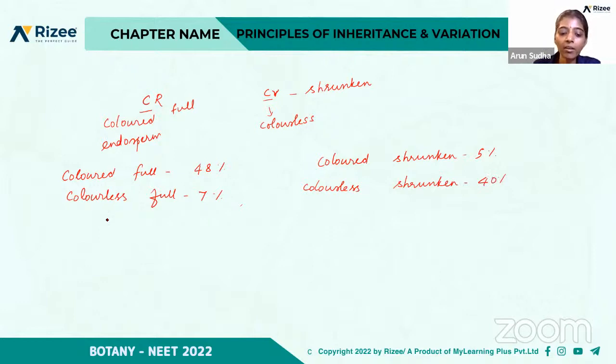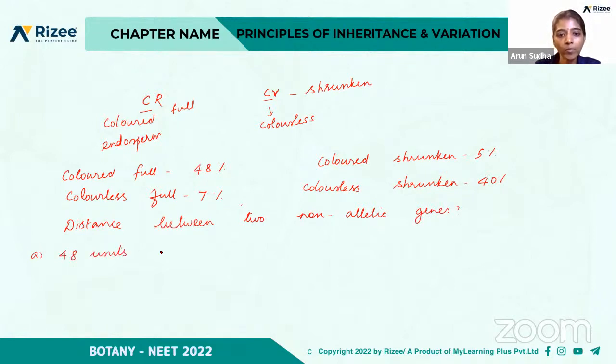From this data, what will be the distance between the two non-allelic genes? The options are 48 units, 5 units, 7 units and 12 units.